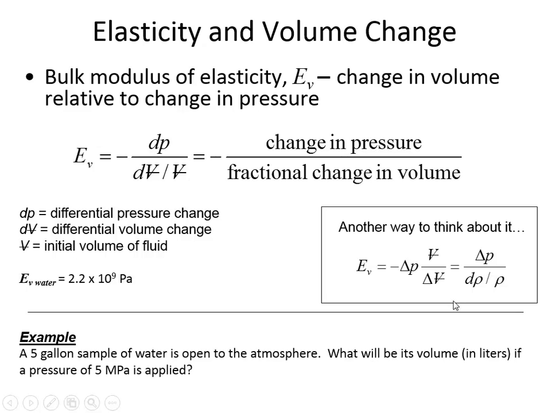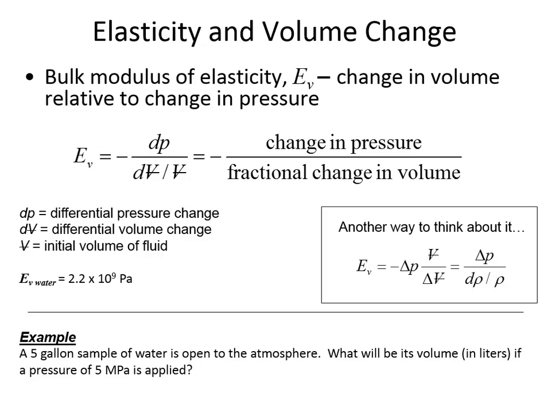So let's try and put this in practical terms with a small example here. If we have 5 gallons of water, and we apply 5 megapascals of pressure to it, then what would be its volume in liters in that case? The first thing we'll do here is just convert the 5 gallons into liters.